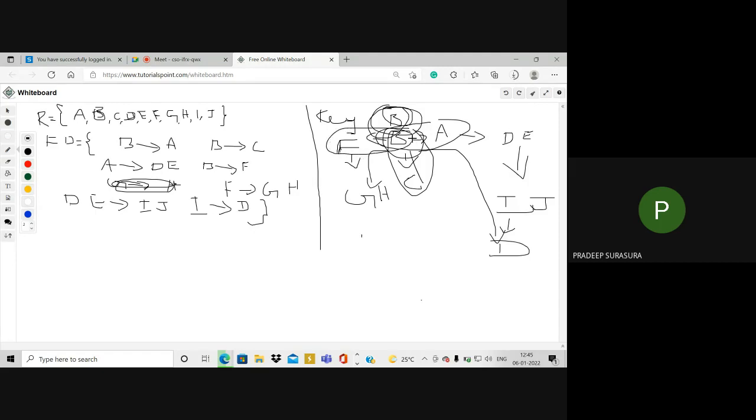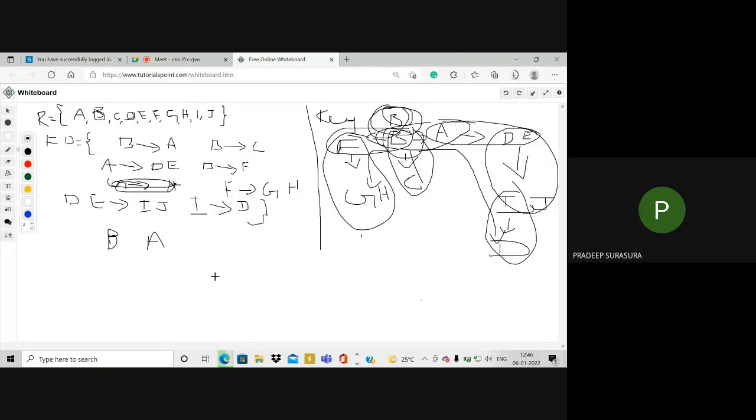B and F in one table, FGH in one table, ADE in one table, DEIJ in one table, ID in one table. If you have taken it like this, then automatically things will work fine. I will write it again, each and every table, please write down. With respect to the FDs, write down accordingly in one table.